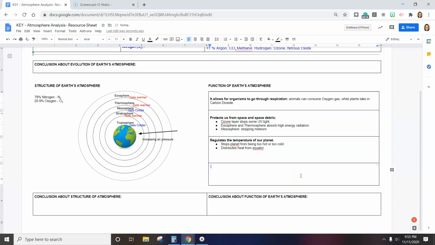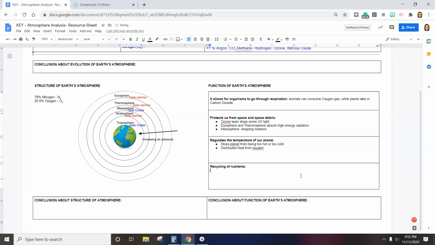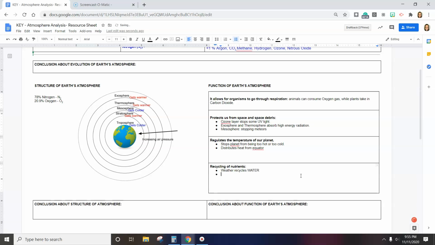It also allows for the recycling of nutrients. We talked about how the troposphere, the prefix tropo meaning change, is where weather occurs. And so weather recycles water. We also have nitrogen recycling happening.